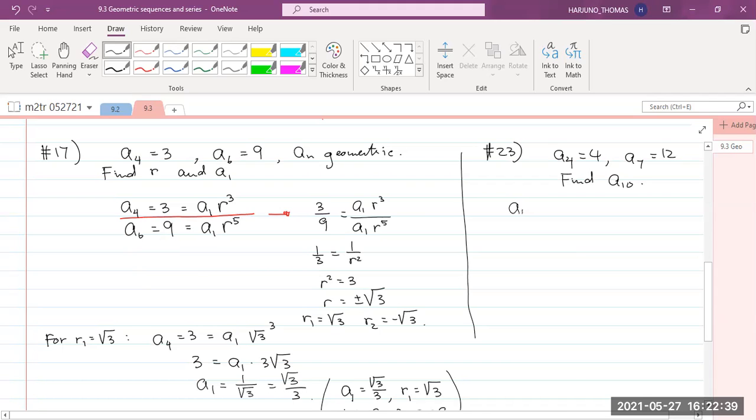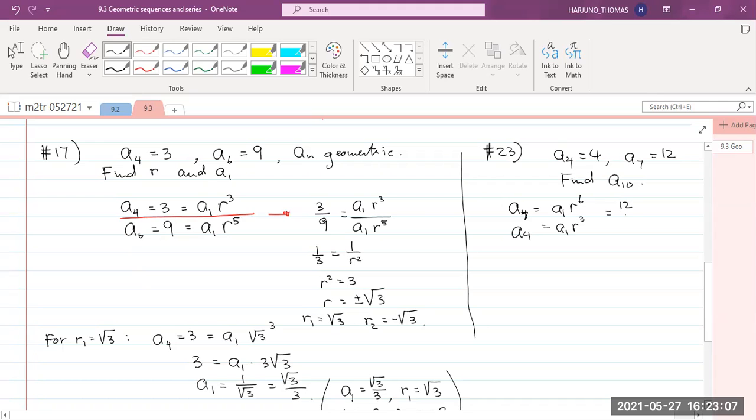The long way, in the sense that I want to find the general term. After I get the general term, then I find the 10th term. The 7th term is the first term times r to the 6th, while the 4th term is the first term times r cubed, right?